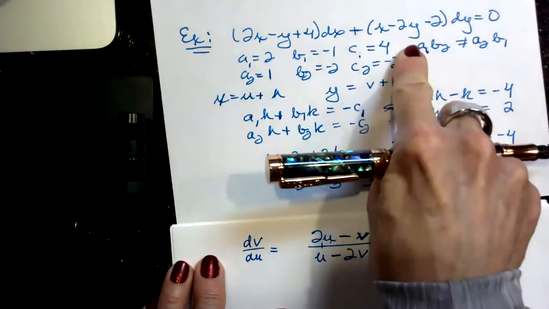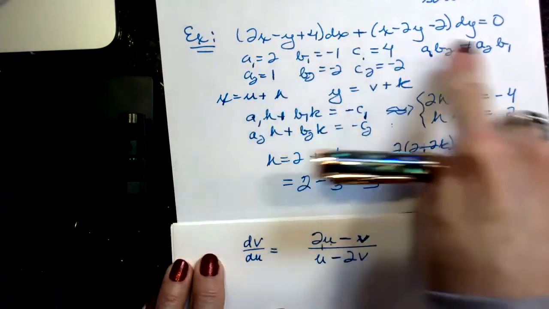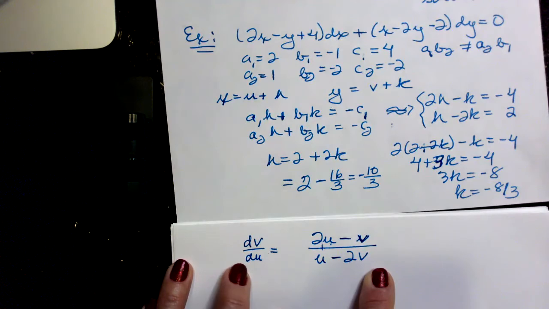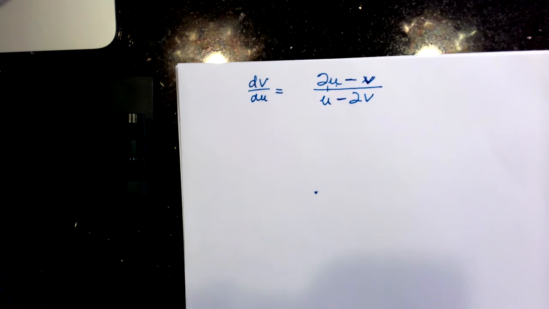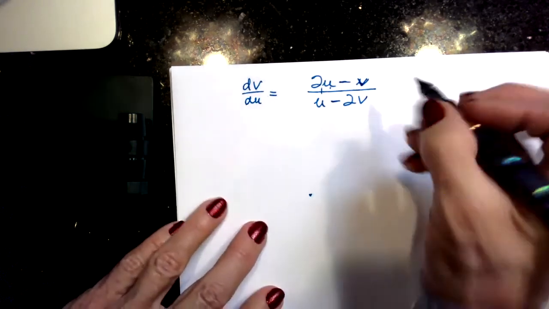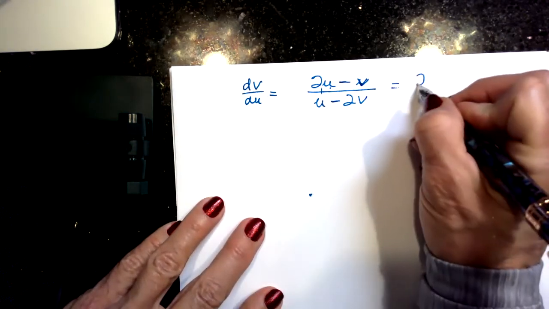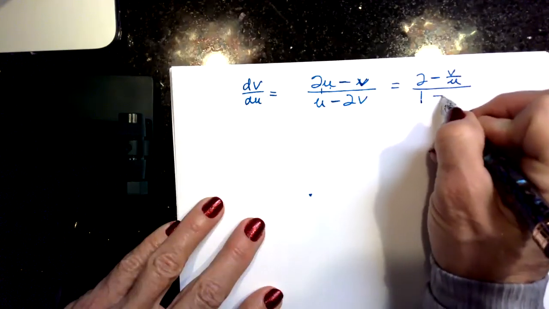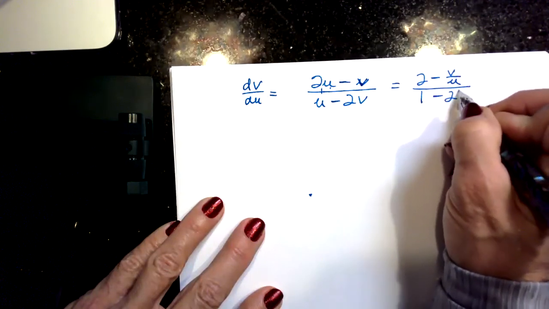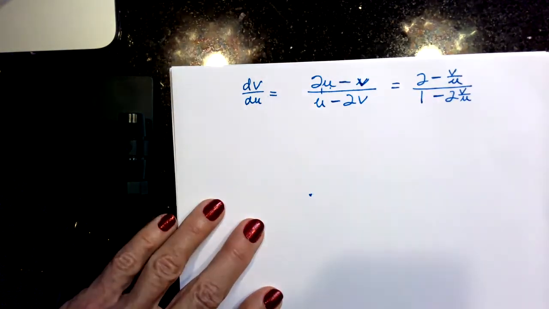It's the same coefficients you had up here, but with the constants gone now. We've chosen things so that the constants go away. And now we're just solving a homogeneous equation, and we'll use h and k again, their values at the end. So I write this as 2 minus v over u, over 1 minus 2v over u, okay?